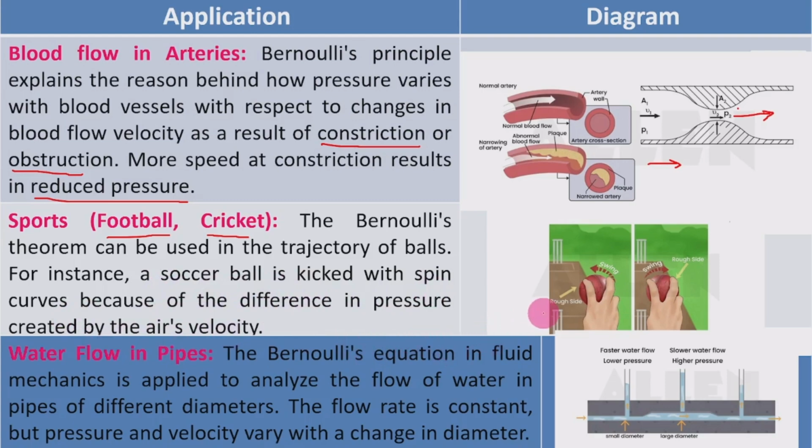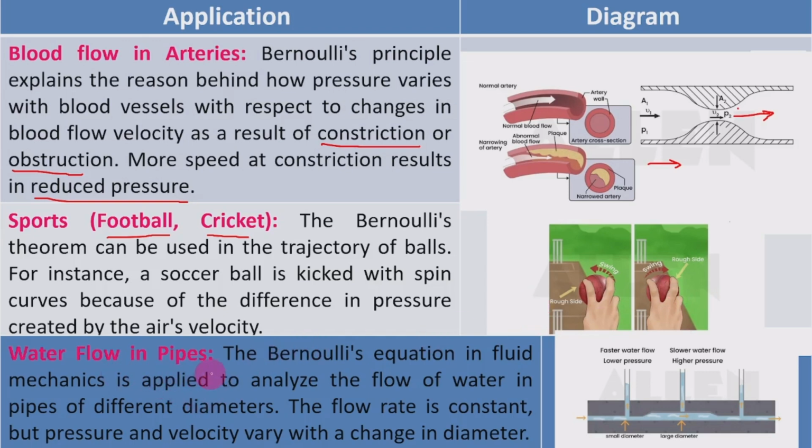When the ball is thrown with a spin, it turns due to the air velocity, and that spinning changes the flow. In cricket, we call these spin balls. Whenever the ball turns, the air pressure changes, and due to that the ball follows a curved path. That is an application of Bernoulli's equation.